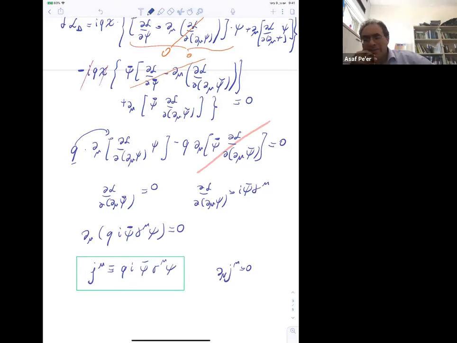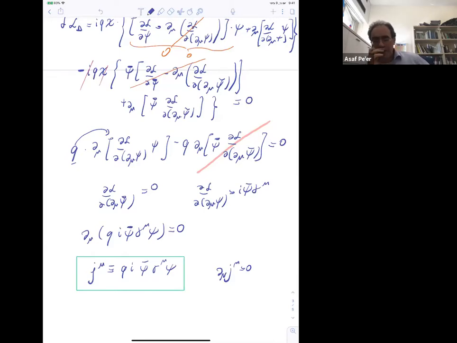But what is that? What did we just find out? We've seen this J mu already. Right, you with me? It's not the first time I wrote it. When we discussed the Dirac equation, we've seen this current.